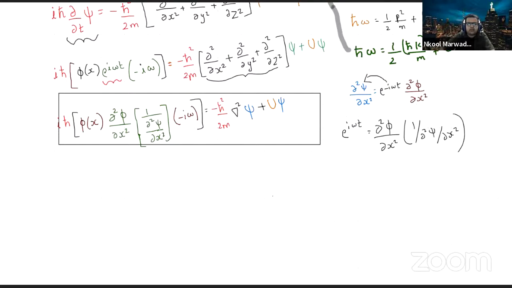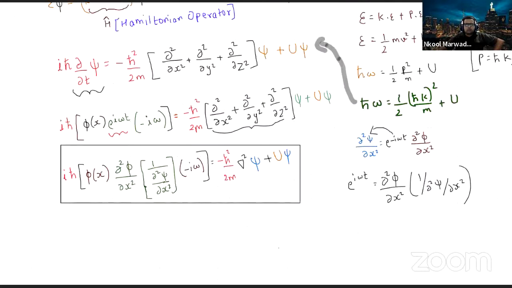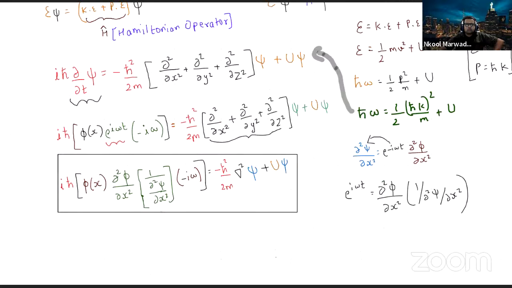The function which we introduced, phi x function, helped us in achieving this independence. So this we proved.